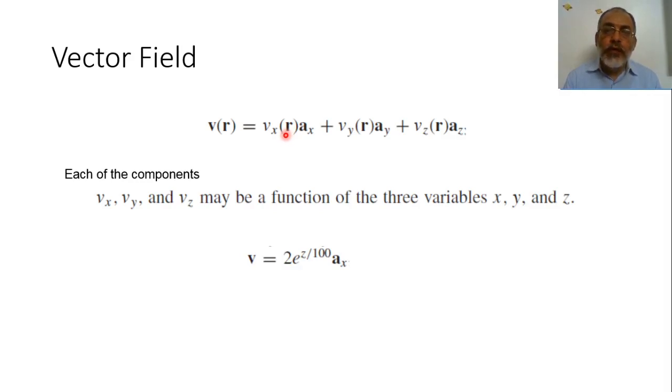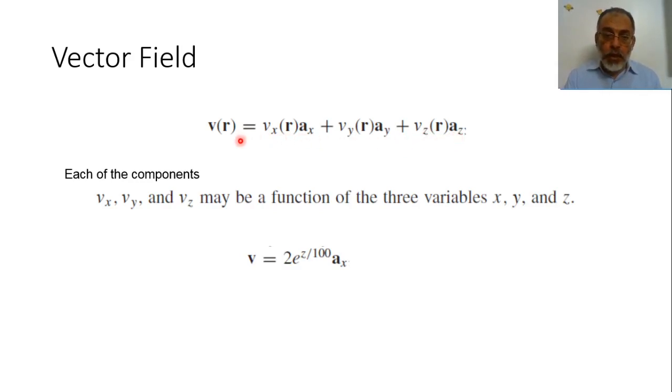So effectively, the function Vx is a function of x, y, and z, but it is in the direction of x. The function Vy is a function of x, y, and z, but it is in the direction of y. And the function Vz is a function of x, y, and z, but it is in the direction of z.